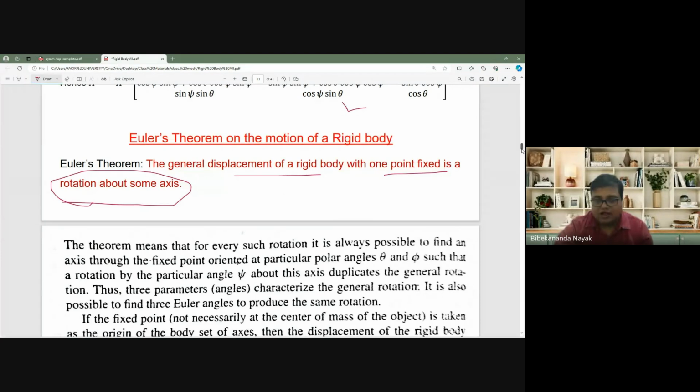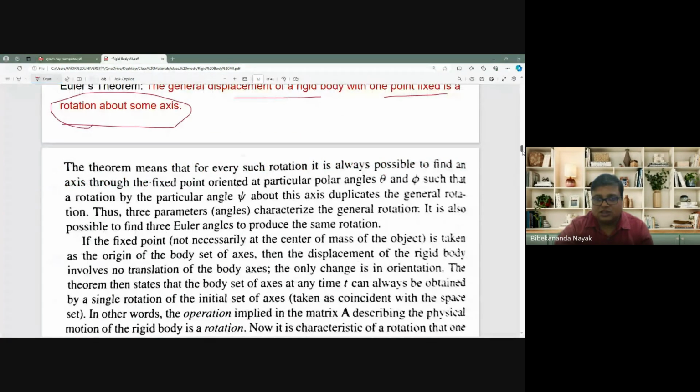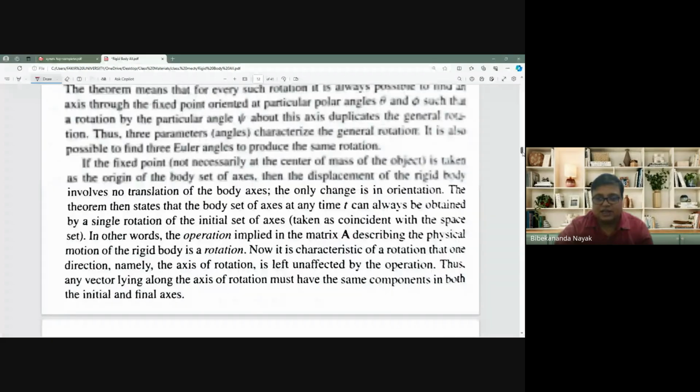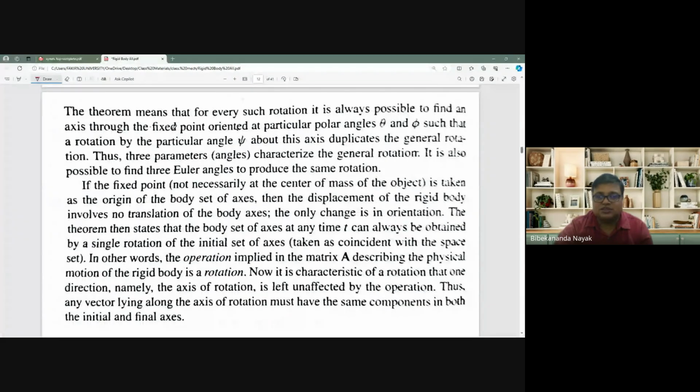The theorem means that for every such rotation, it is always possible to find an axis through the fixed point, oriented at particular polar angles theta and phi, so that a rotation by a particular angle psi about this axis duplicates the general rotation. Three parameters characterize the general rotation, which Euler angles can produce.